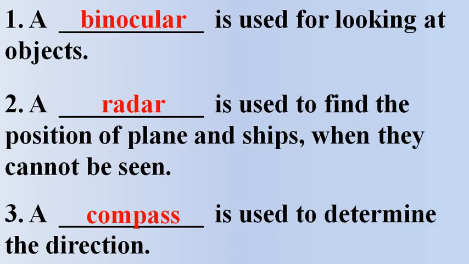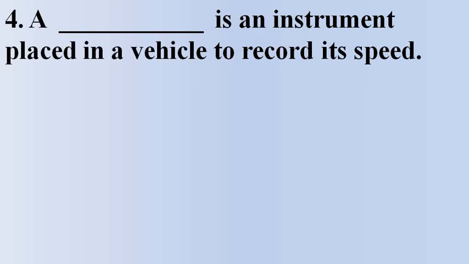Now let's move for the next blank. Number 4. A blank is an instrument placed in a vehicle to record its speed.